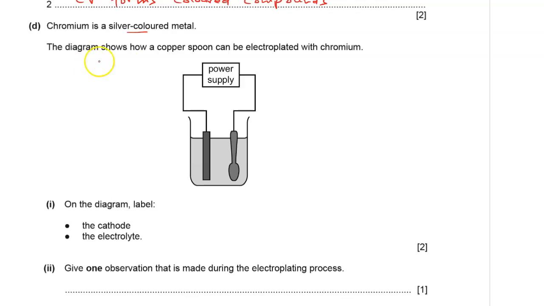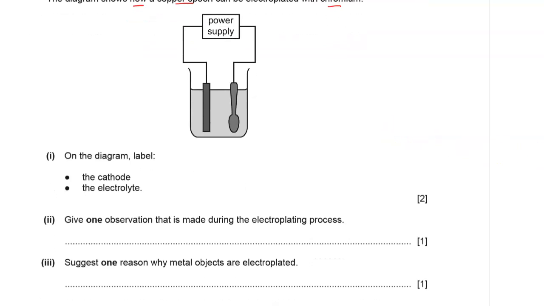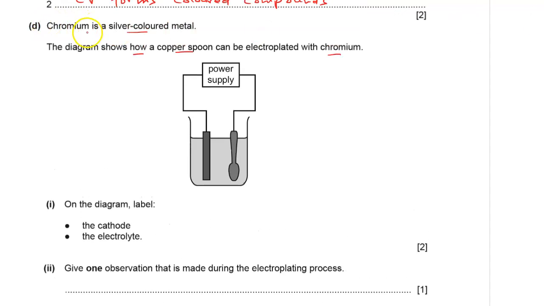The diagram shows how a copper spoon can be electroplated with chromium. Remember, we were told chromium is a silver-colored metal. It has got a good appearance.